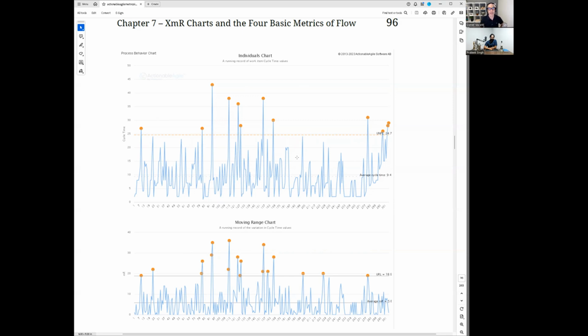It should have an individuals chart, which is known as an X values chart. And it should have a moving range chart, which is also known as an MR chart. And so that's why you see up here a synonym for process behavior chart is an XMR chart. Though I think the more correct, more generally accepted term is process behavior chart. But if you see XMR chart, that's just as good.